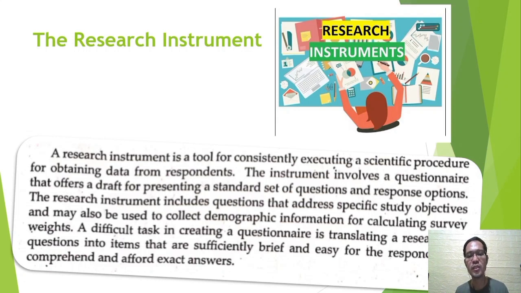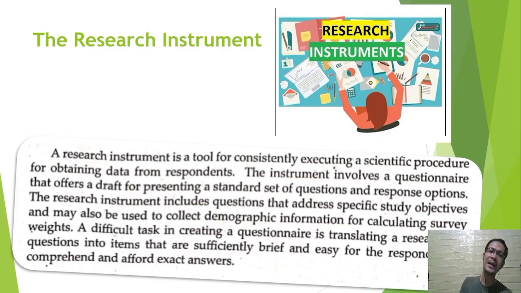So it includes questions that address specific study objectives and may also be used to collect geographic information for calculating survey weights. A difficult task in creating a questionnaire is translating the researcher's questions into items that are sufficiently brief and easy for the respondents to comprehend and afford the exact answers.